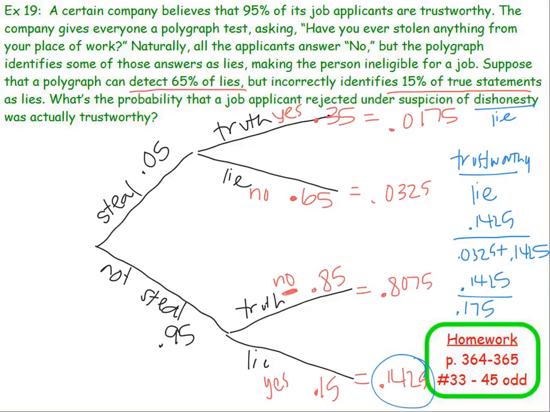And I'm running out of space. If you take 0.1425 divided by 0.175, I'm just going to come over here and write it nice and big. We get 0.8143 as our final answer. And that's the end of the lesson.